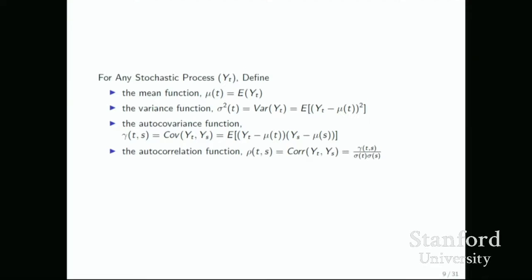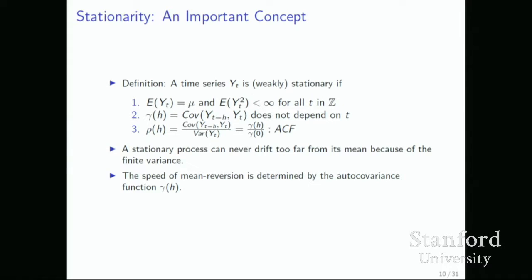If you look at this autocorrelation function, all these things are defined in very general terms here. Since we have only one realization of the time series, it's not possible to calculate these things. You really have to do something more generic than that. So this is probably the most useful concept here.